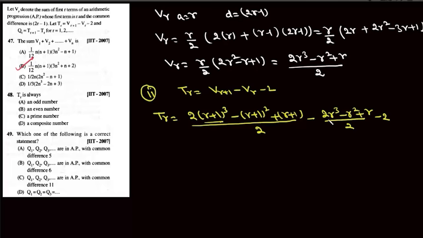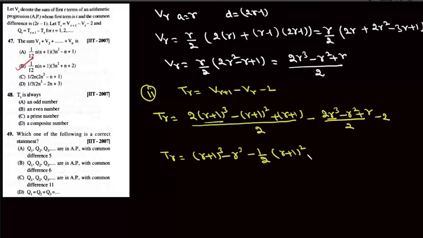Now we'll take these terms together. So we can write T_R as (R plus 1) cube minus R cube, then minus 1 by 2 [(R plus 1) square minus R square], and then plus 1 by 2 [(R plus 1) minus R, which will be simply 1], and then minus 2.